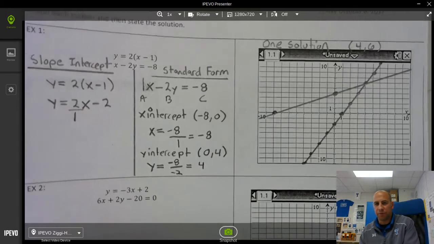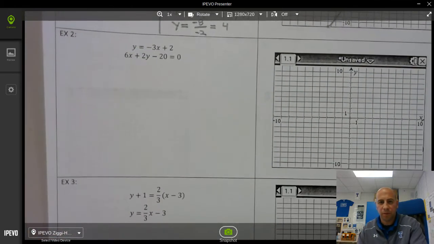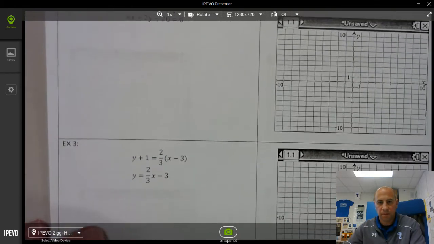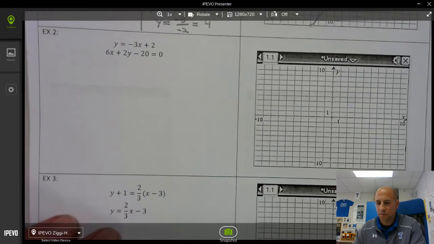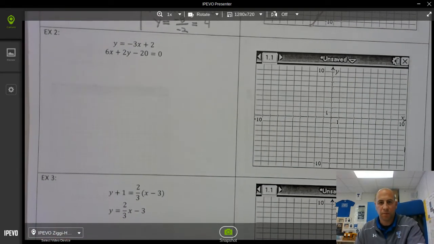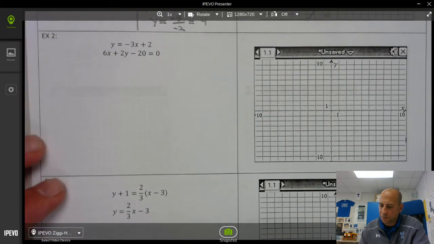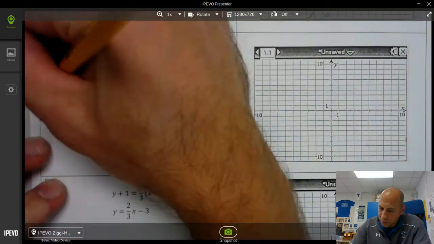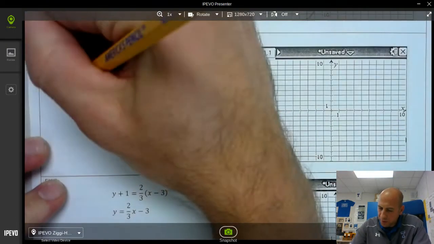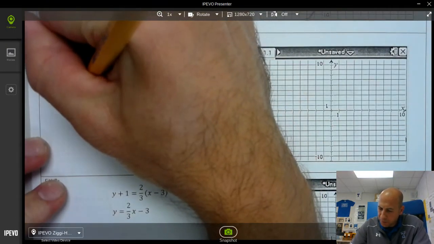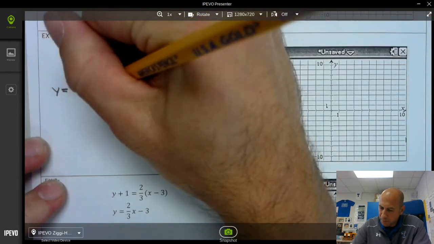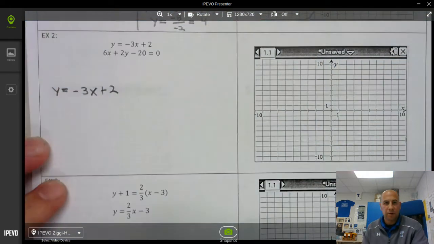All right, now let's look at example 2. Sorry to get some adjustments here so you can see this clearly. All right, so let's look at the first equation. So we have y equals negative 3x plus 2.